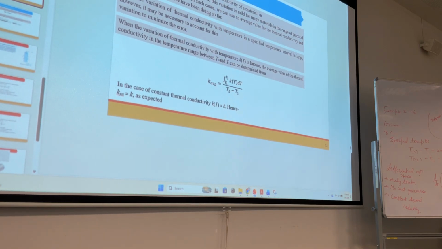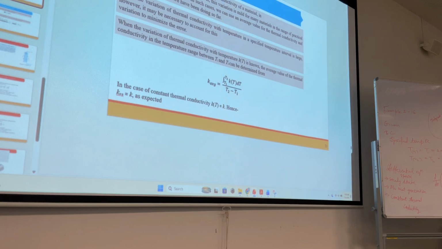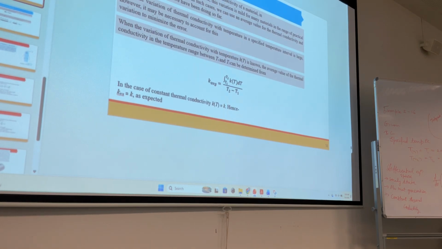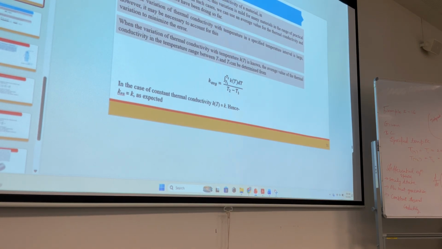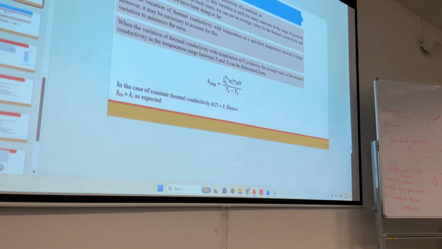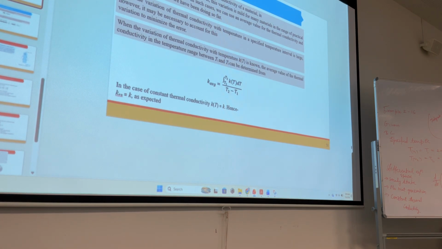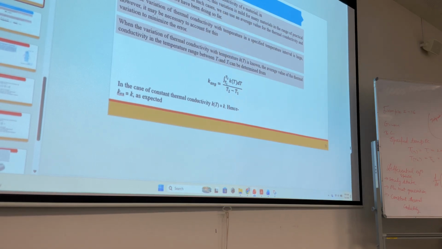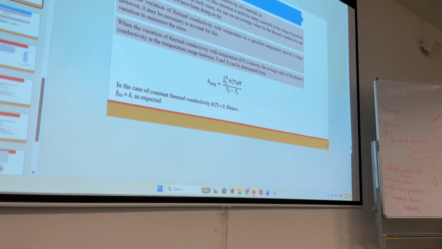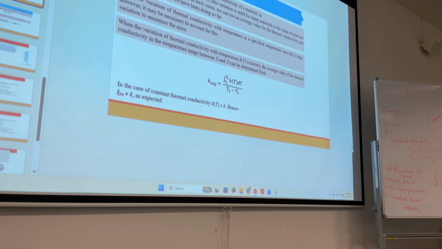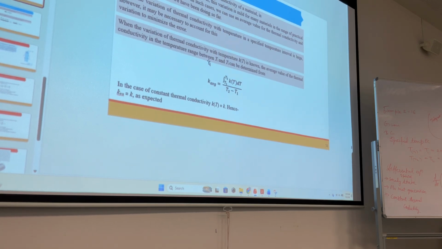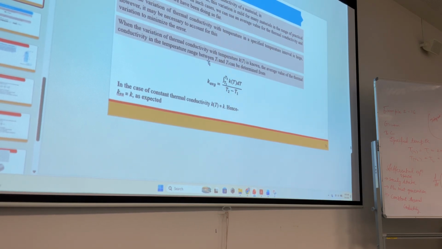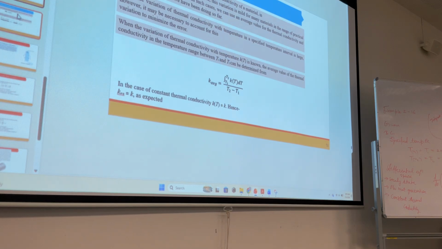That's why we treat it as a constant. When the variation of thermal conductivity with temperature in a specified temperature interval is large, however, it may be necessary to consider it. If the thermal conductivity is changing drastically with the temperature change, then we have to consider it. And in that case, this is how you calculate the thermal conductivity.